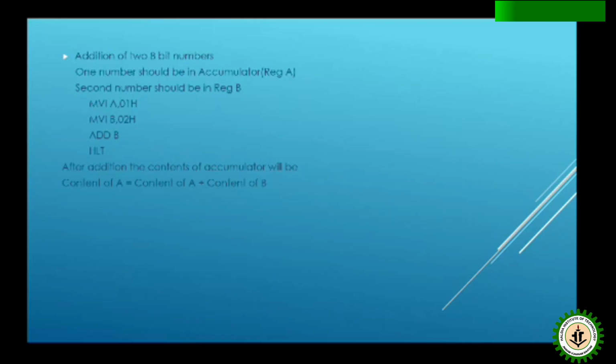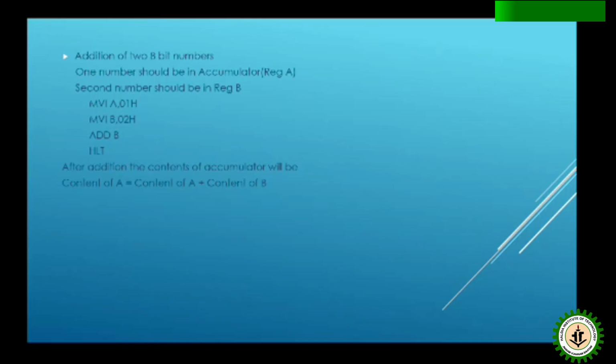So what is ADD B? ADD B means add the content of accumulator with the content of register B and store the final result into accumulator.